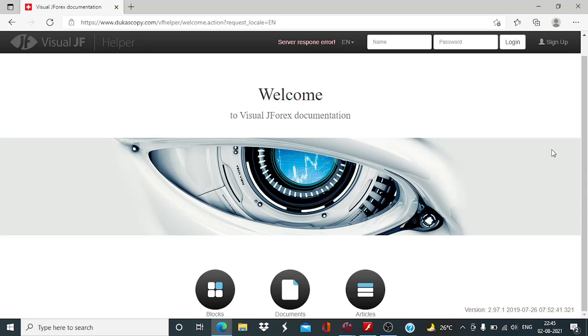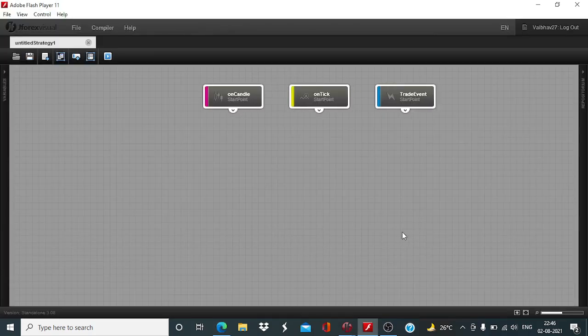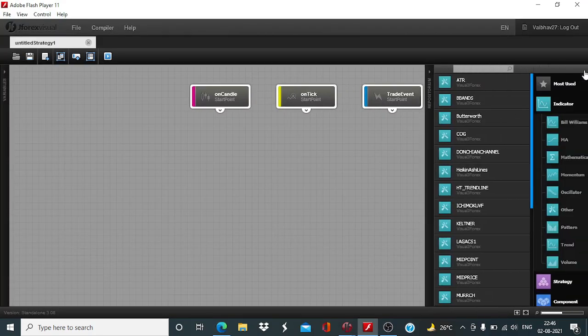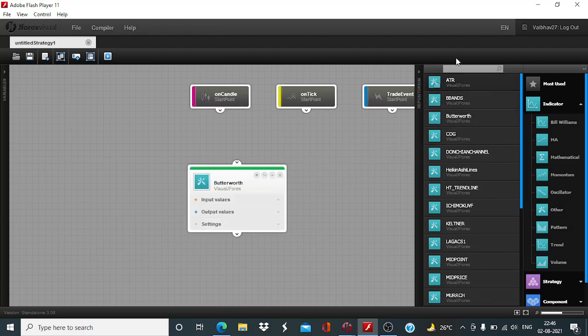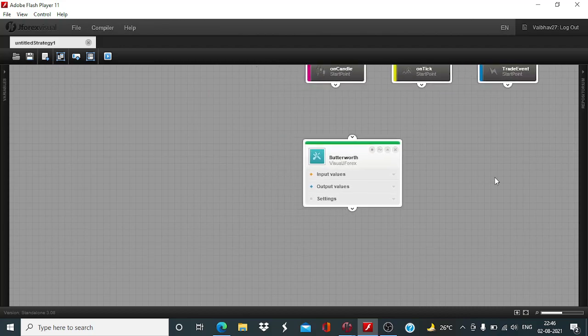So I will be giving you an idea of how you can design and develop a simple algorithm using these indicators. So let us now head to the Visual JForex board, which has been developed by the Dukascopy Bank SA. This indicator is listed amongst other indicators just below these Bollinger Bands. Last session it was about Bollinger Band.